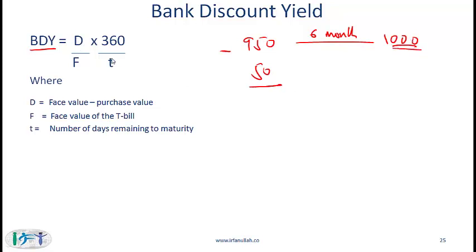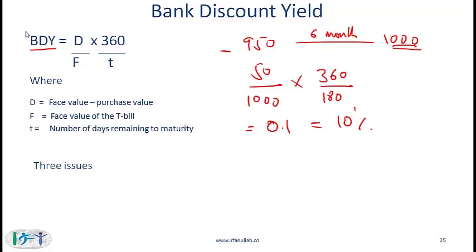We then divide by the face value, which is 1,000, and then multiplied by 360. That is the convention used when we calculate bank discount yield, divided by number of days to maturity. 6 months means 180 days. Generally, we take 30 days per month over here. If you do the calculation, you will get 0.1, which is equal to 10%. So 10% here is the bank discount yield.